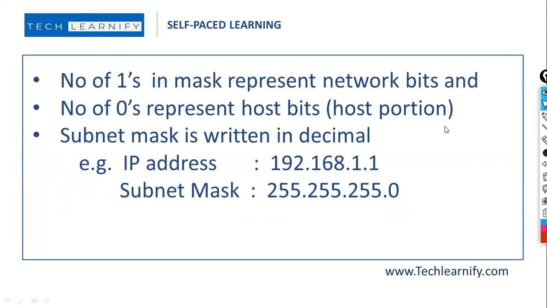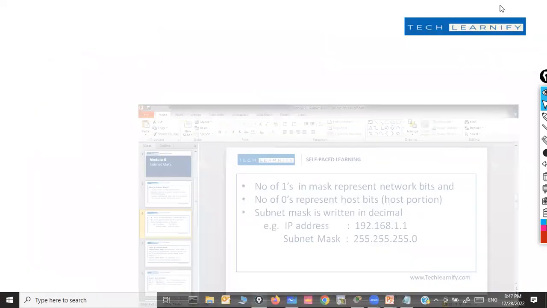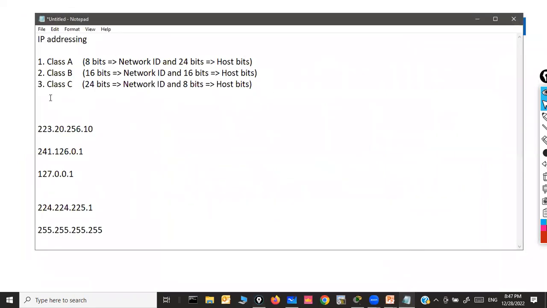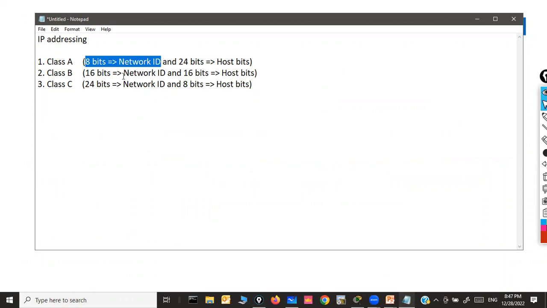But now the question is, why do we have to give this subnet mask? Because we understand that in class A the first octet is network bits, class B the initial 2 octets, meaning 16 bits in binary, are network bits, and class C the initial 3 octets are network bits. So what is the use of the subnet mask?